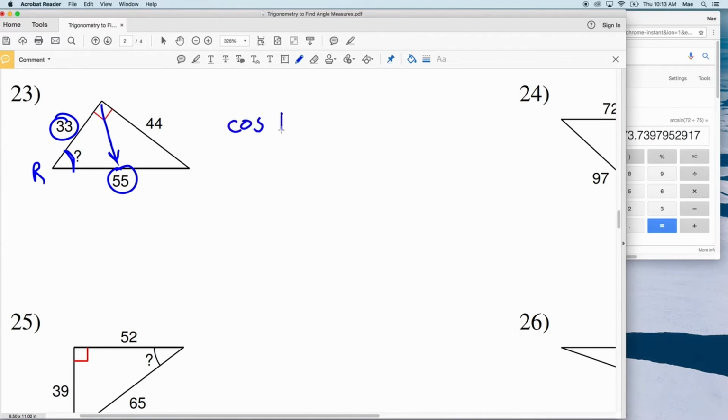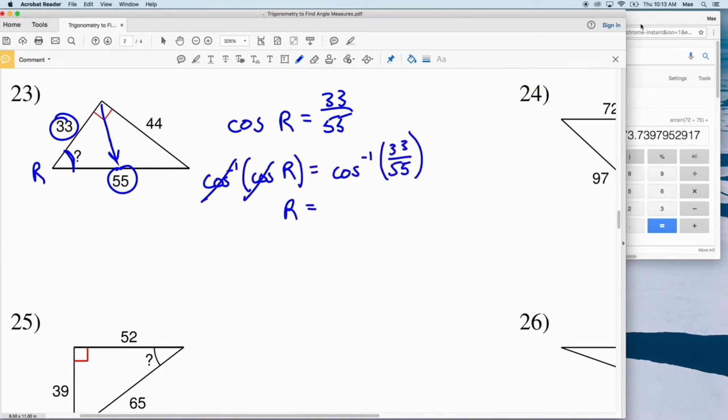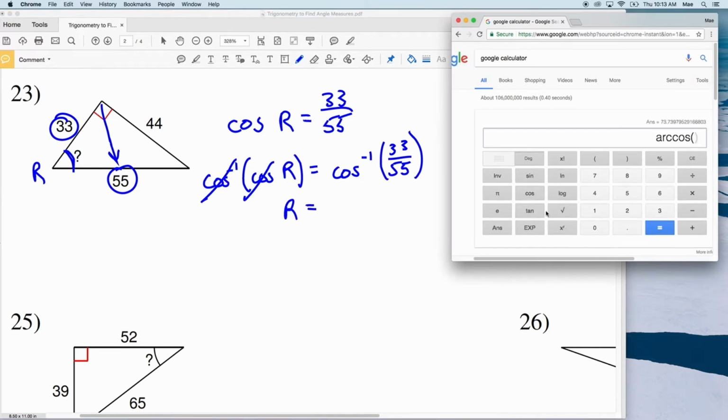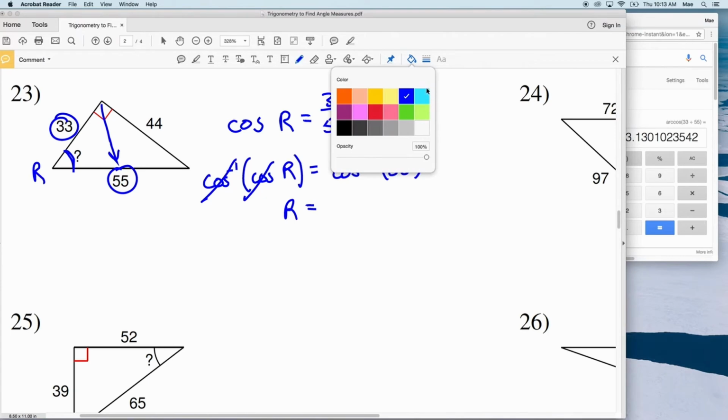So the cosine of R equals 33, which is the adjacent side length, over 55. Taking the inverse cosine of 33 divided by 55 will give us about 53 degrees for number 23.